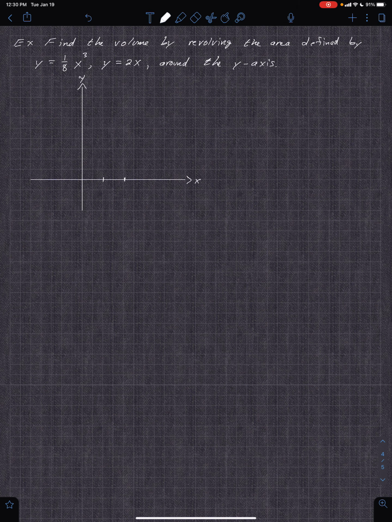What I did first here is let's actually graph y equals 2x. So y equals 2x is up 2, over 1. So it's going to be kind of steep like that. Okay, and my scale's off. Let me do that again. So up 2, over 1. Okay, it's going to be like this.